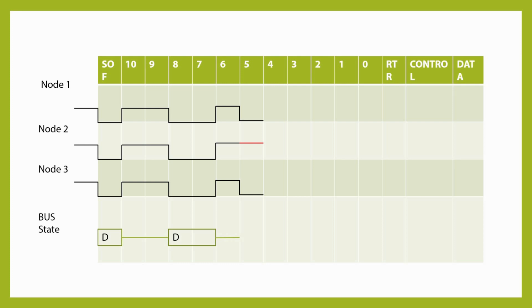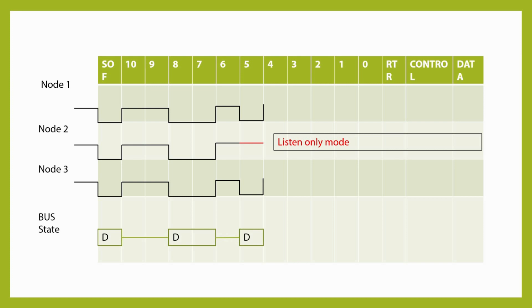Logic 1 means recessive state. So right now, node 1 and node 3 are sending dominant bits, whereas node 2 is sending a recessive bit. So we can eliminate node 2 from the race about who is going to win the bus. Node 2 is out of the race and has entered listen only mode, and the bus is in dominant state, as you can see.